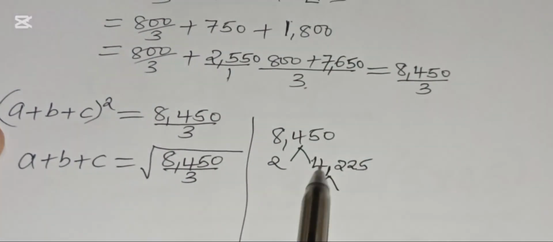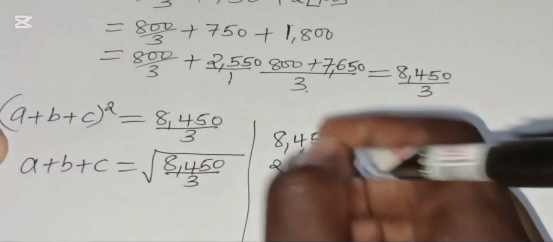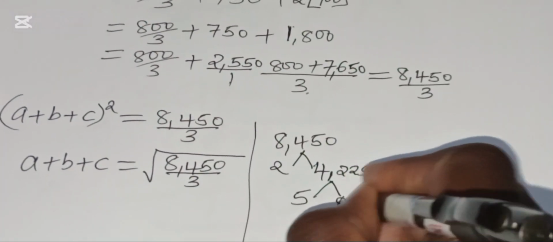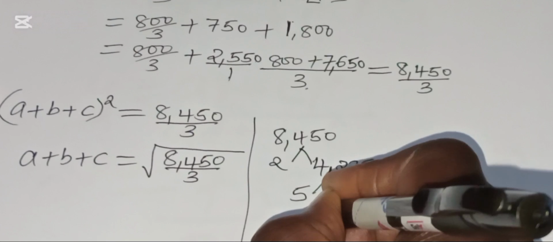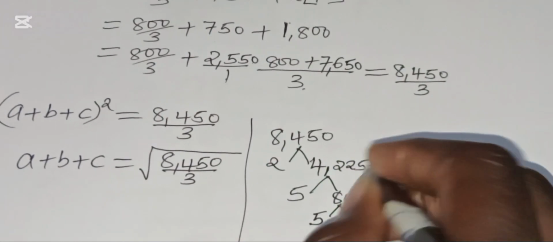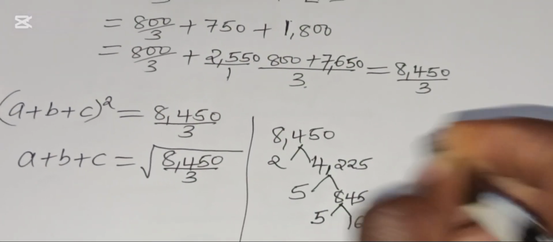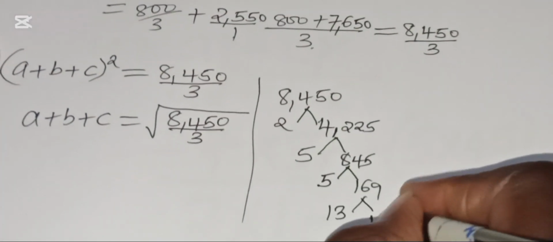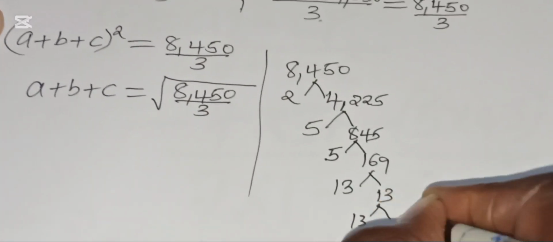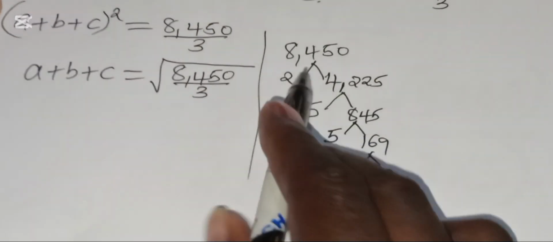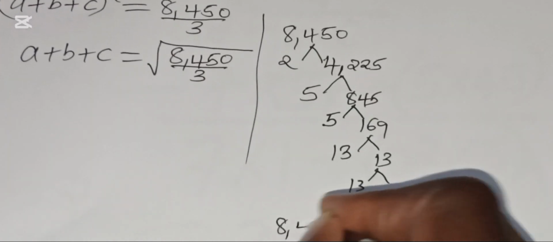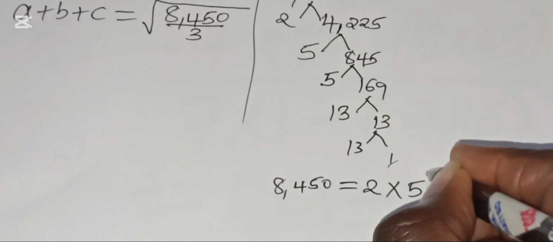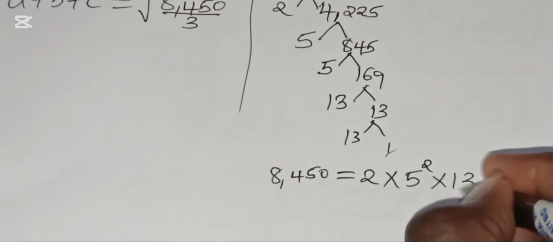If you say 4225 divided by 5, this is supposed to give us 845. Again, we divide by 5. This is supposed to give us a value of 169. And if you divide 169 by 13, this is supposed to give us 13. And here you will have 13 and 1. So that means that the factors of 8450 are equal to 2 multiplied by 5 squared multiplied by 13 squared.